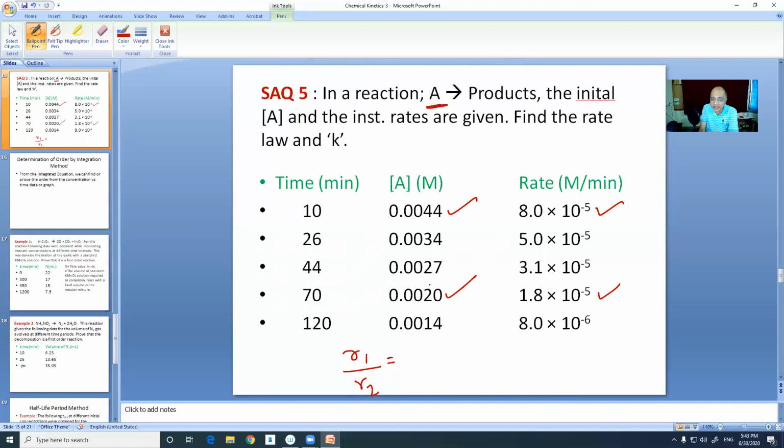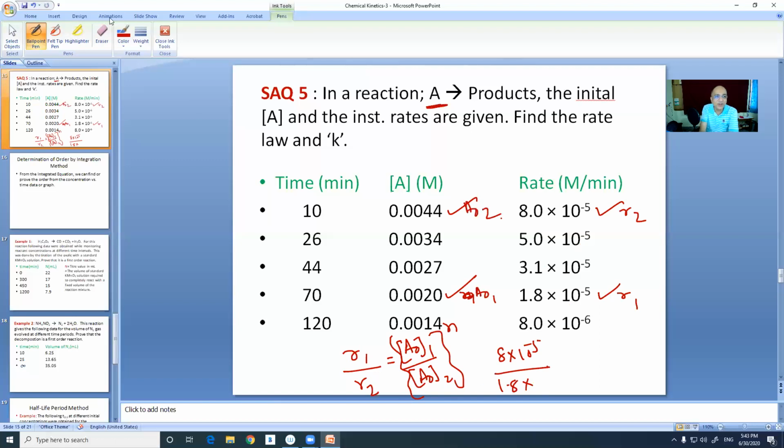is equal to the corresponding concentration to the power n. n is the order, right? Supposing we take 8 into 10 to the power minus 5 by 1.8 into 10 to the power. Let us take this as R1, this is R2, this is A01, this is A02.